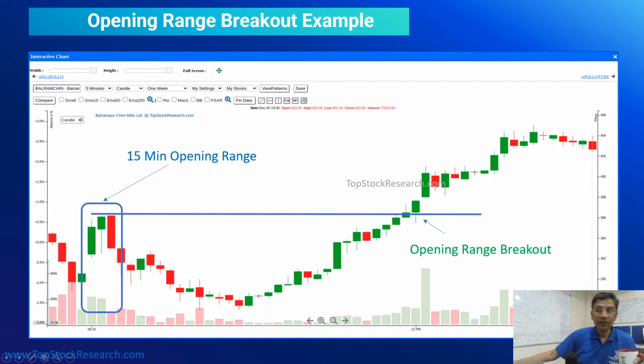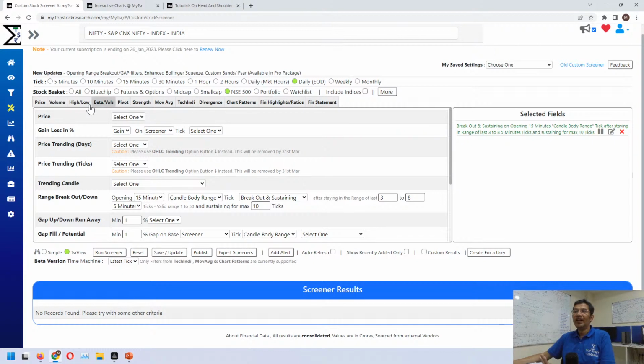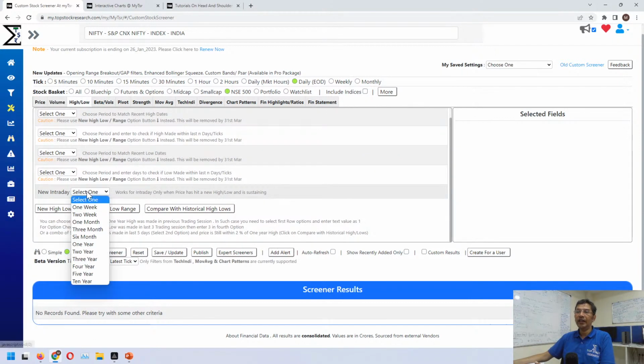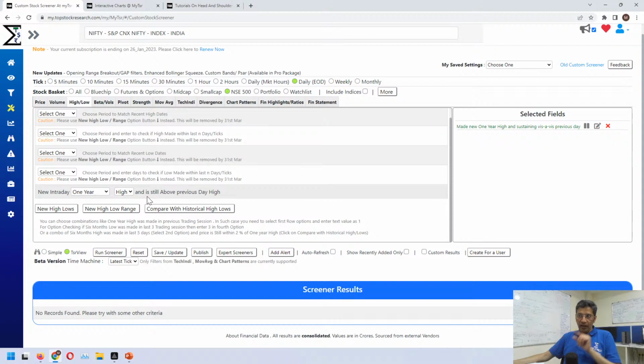For a real world example of a 52-week high, we have two different ways of doing it. Number one is if you're looking at a new intraday high. So instead of 52 weeks, what we do is we take it to a year, right? A new 1 year high is made on that particular trading day, number one. And number two is where we go wrong: we just see the high level, right?